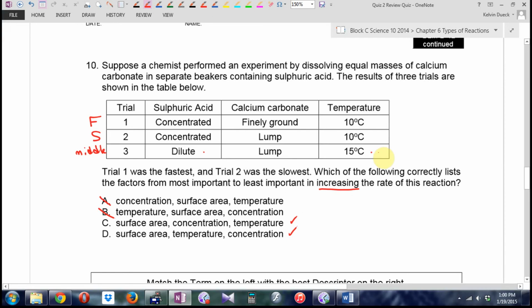Let's look at the difference between the middle and the slowest. Well, this was colder but stronger. So this was colder but stronger, and it went slower.